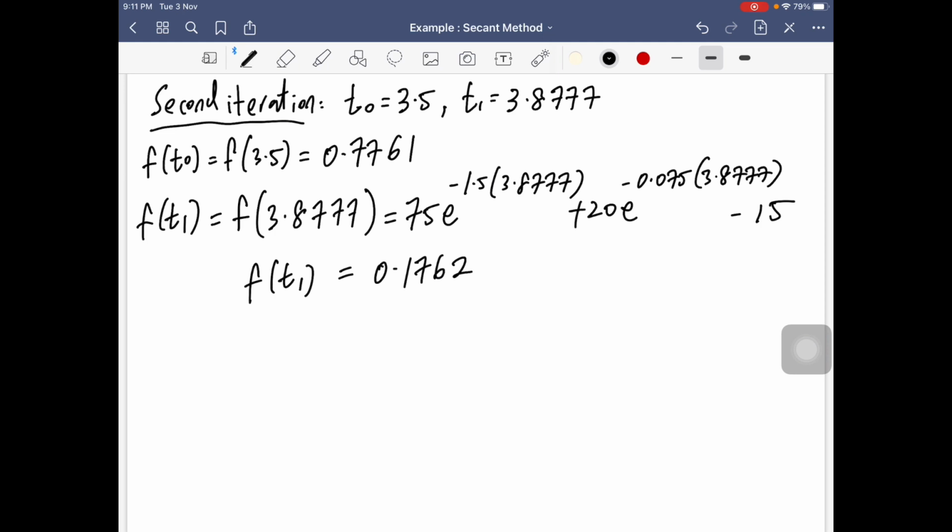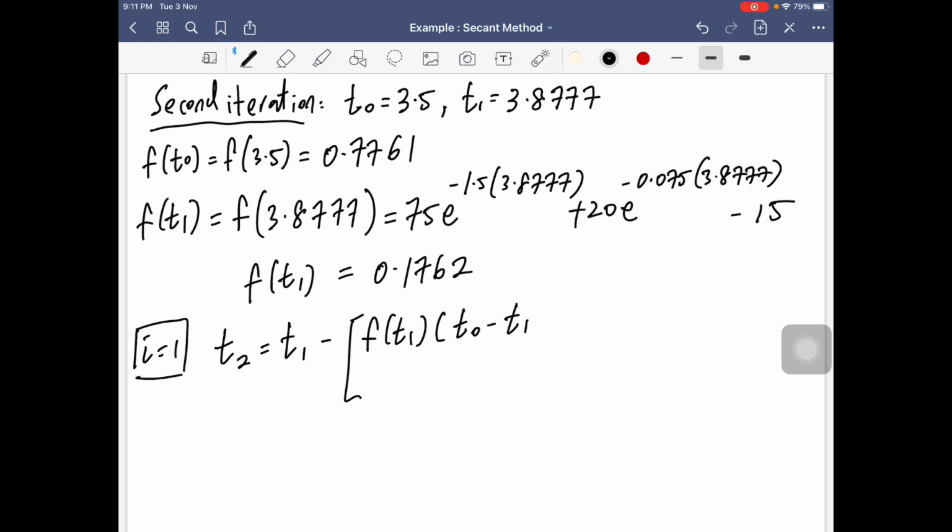Now in the second iteration, i equal to 1, so we can calculate our next root estimation. t2 equal to t1 minus f(t1) multiply with (t0 minus t1) over (f(t0) minus f(t1)).